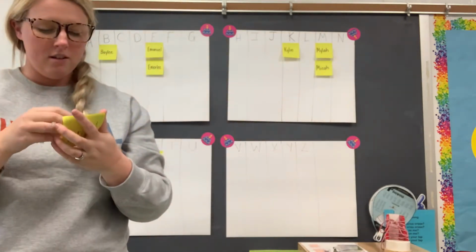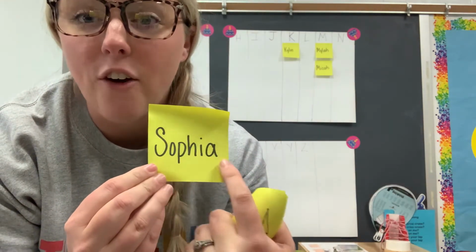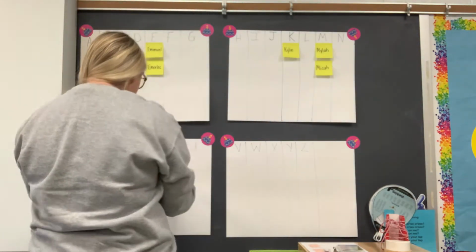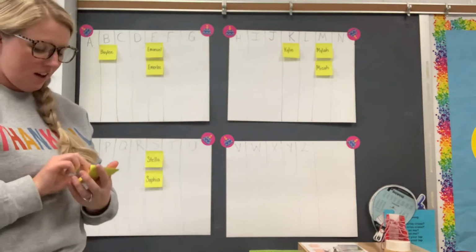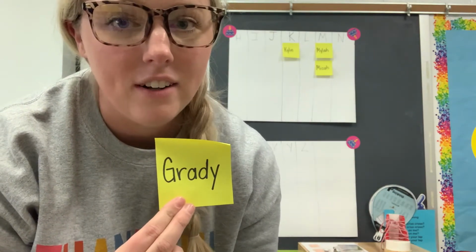Okay. What do you see here? This is Sophia. What's at the beginning of Sophia? An S. So I'm going to find letter S and put Sophia's name. All right, what do we see here? This is Grady. Grady starts with what letter?